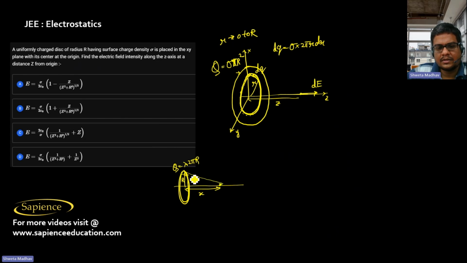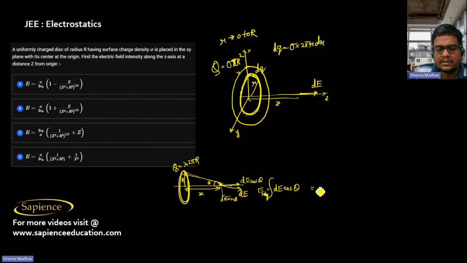So here we have to take dE, then integrate it with theta, so this will be dE cos theta and dE sin theta. The dE sin theta components will get cancelled out, so only dE cos theta we have to integrate. So integral dE cos theta is the net electric field due to the ring.